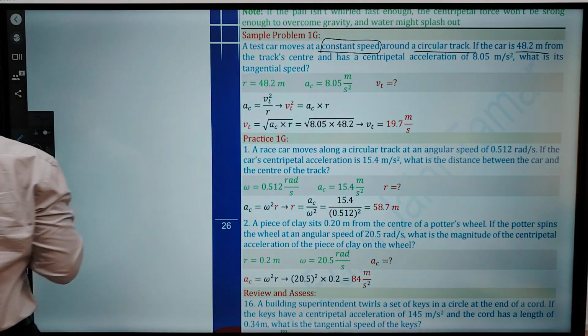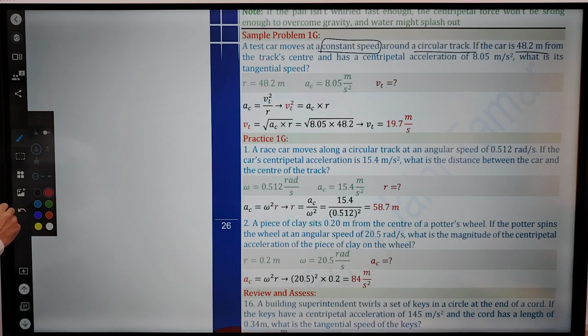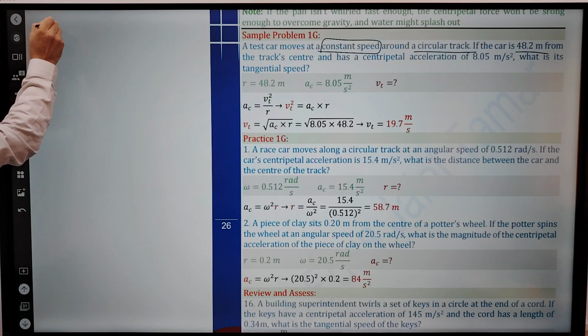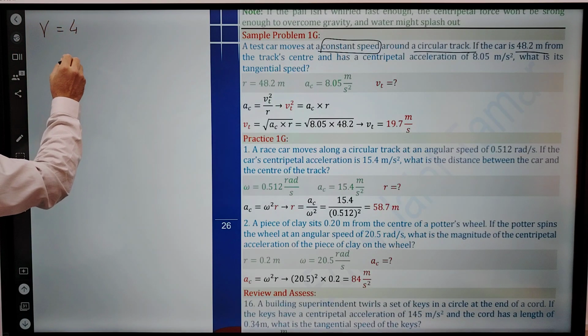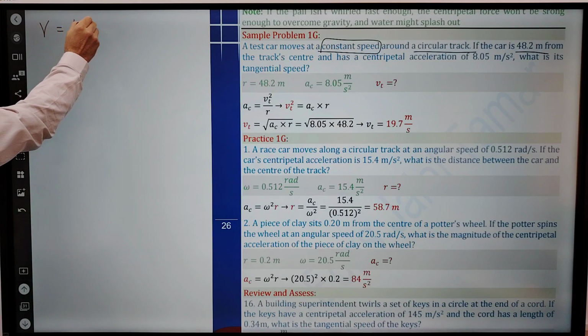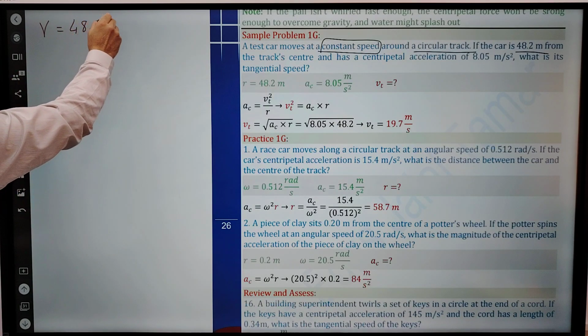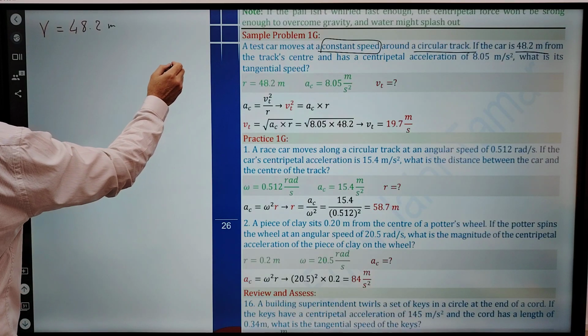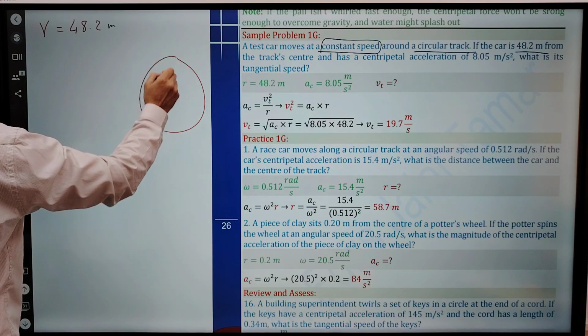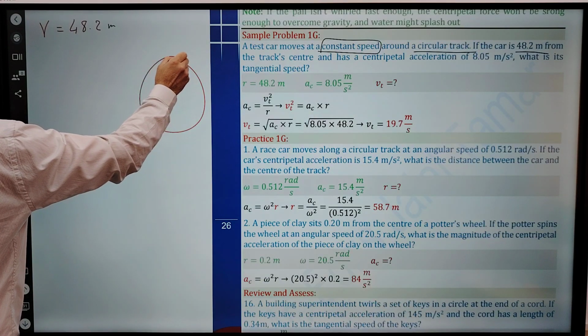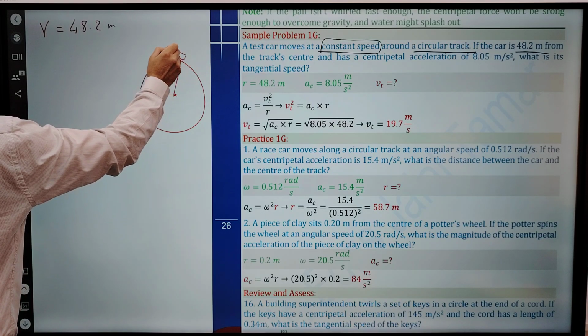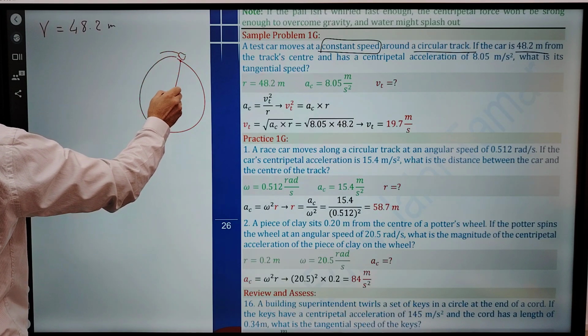This is the distance from the axis of rotation, or this is R, which is equal to 48.2 meter, okay?